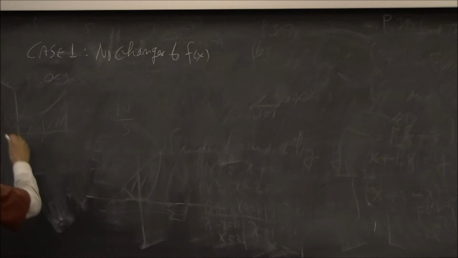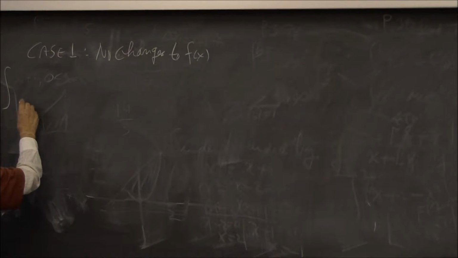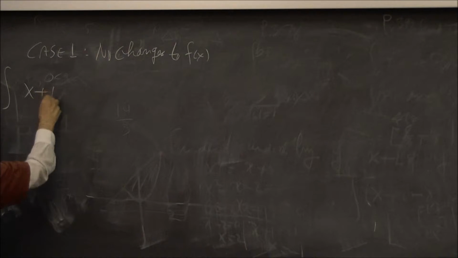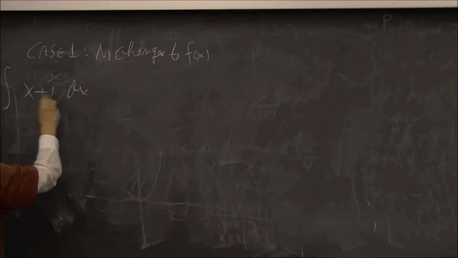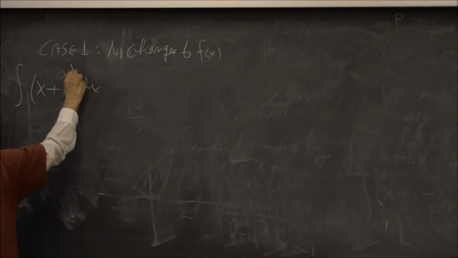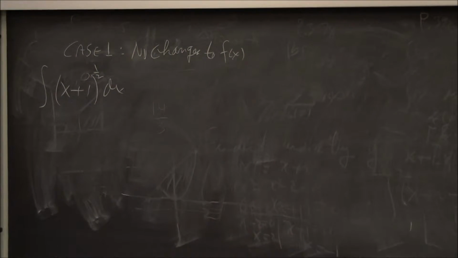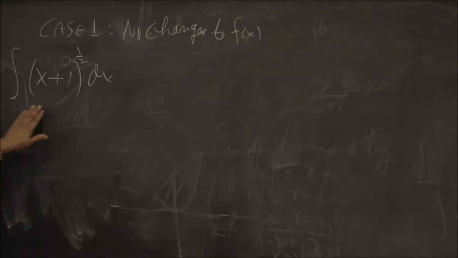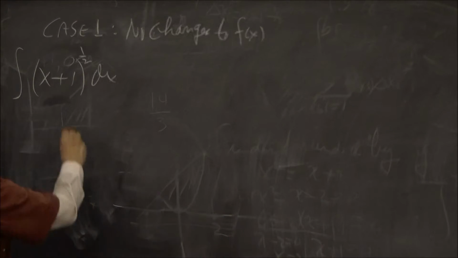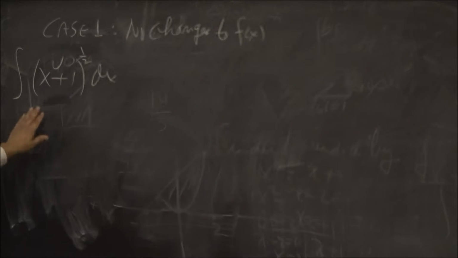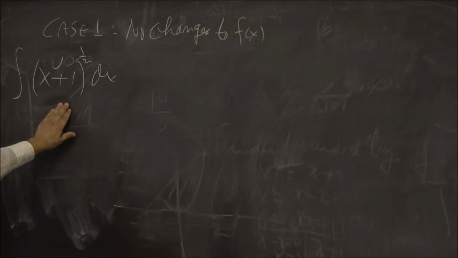For example, what is the integral of the square root of x plus 1 dx? Instead of the square root, I'm going to put a 1/2. Well, this is obviously the u, right? And the derivative of x plus 1 is just 1.